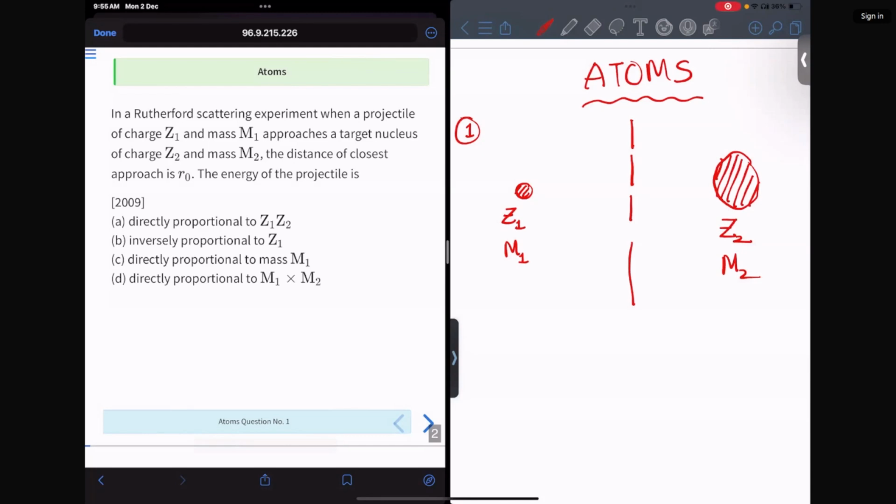And the distance of the closest approach, it started approaching this atom. This is our target nucleus, and this is the projectile.